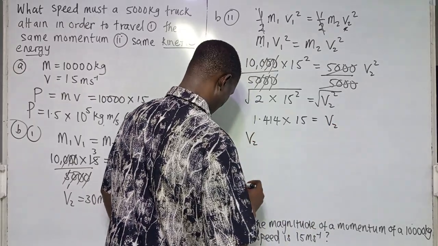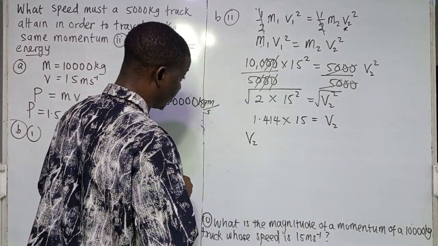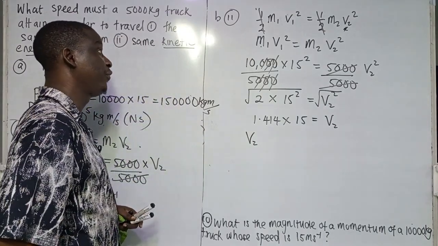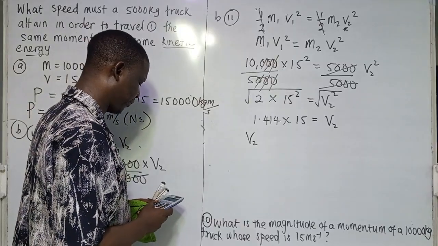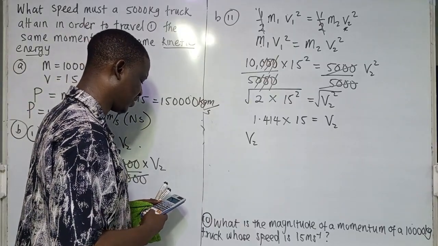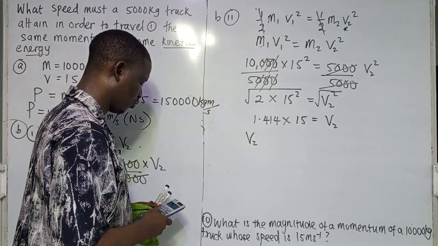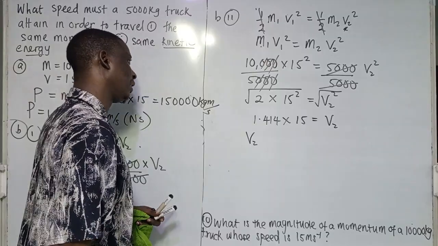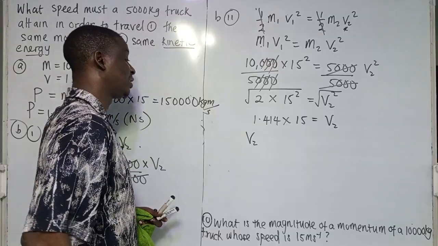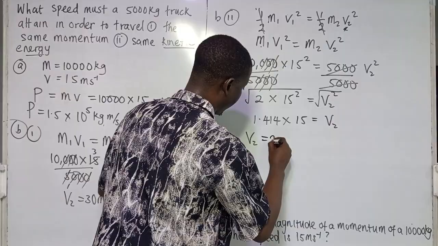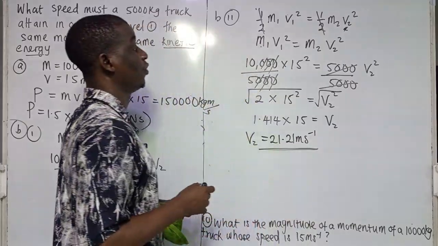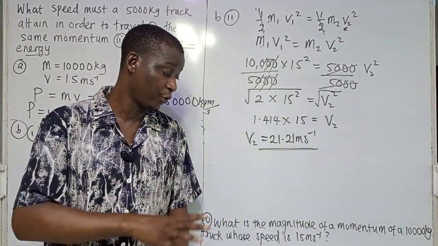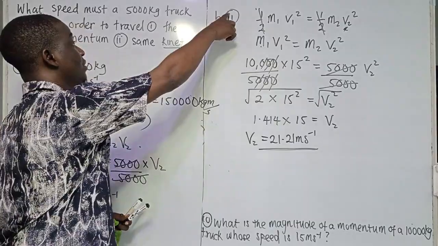So V2 will be 15 times 1.414. Let me check. That is 21.21, okay, so I'm correct. So V2 is 21.21 meters per second.